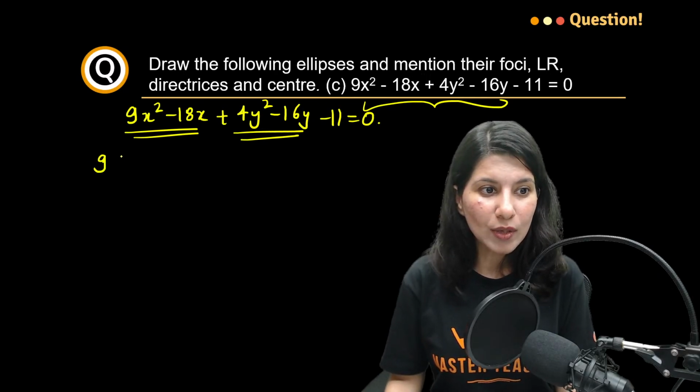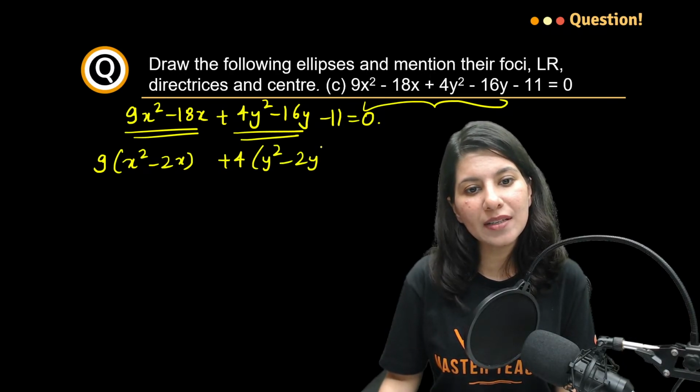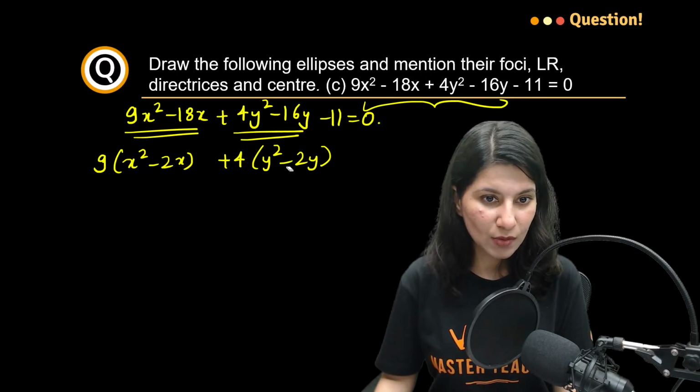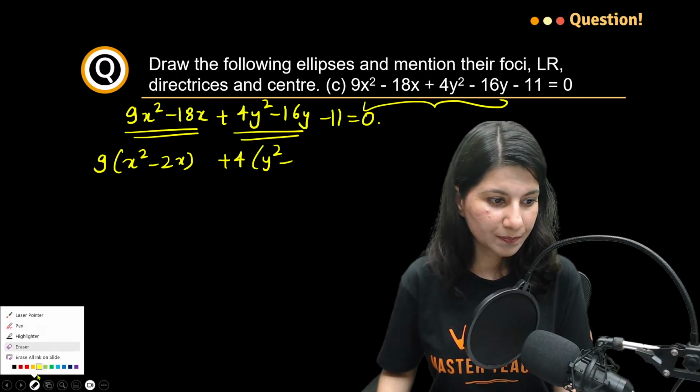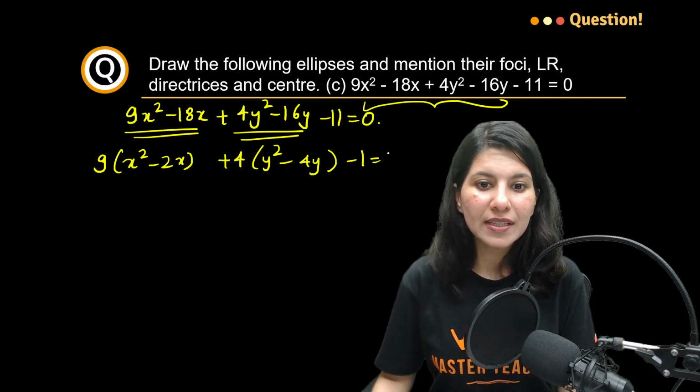Now 9 you can take common, x square minus 2x. From here 4 you can take common, y square minus 4y, correct? Minus 11 equals 0.